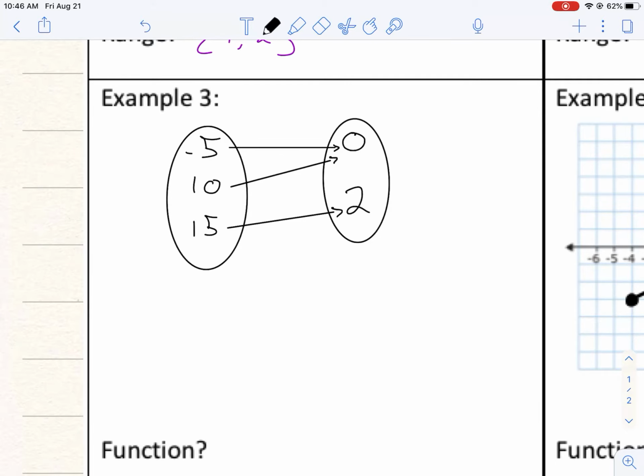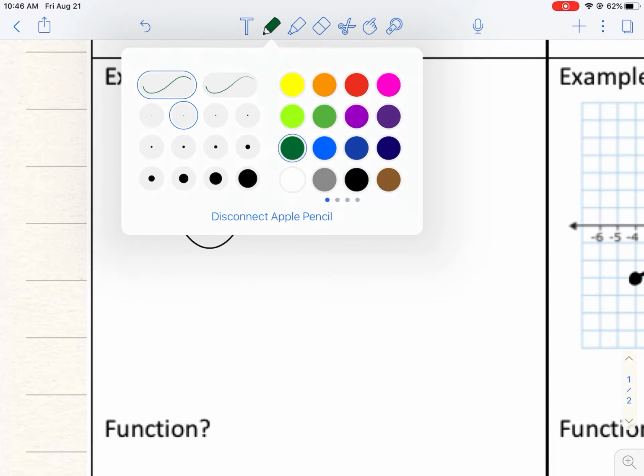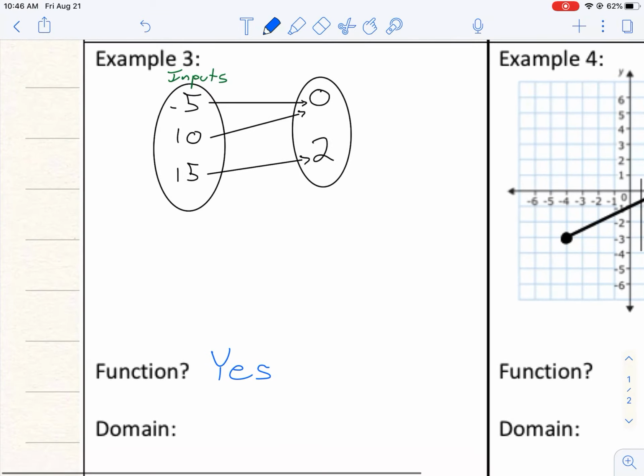Now, for function, if it's a function, yes or no, notice that all of my values on the left here, which are my inputs, none of those are repeating, right? Like -5 goes to 0, 10 goes to 0, and 15 goes to 2. So because none of those are repeating, it is considered a function here. So that function question, yes or no, it is a yes.